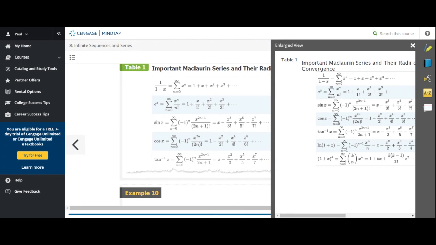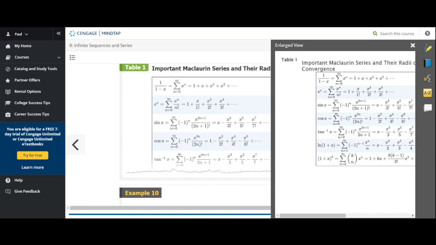Okay. So look at these functions. The 1 over 1 minus x, the first function, you learned that power series expansion from section 8.6. But they have the exponential function, the sine function, the cosine function, the arctangent, and the log function. You learned the arctangent and the log of 1 plus x in section 8.6.